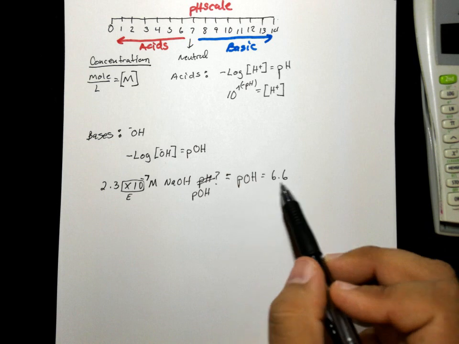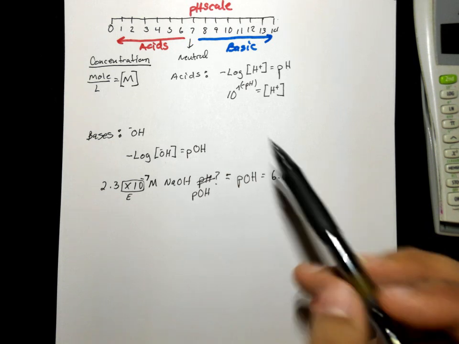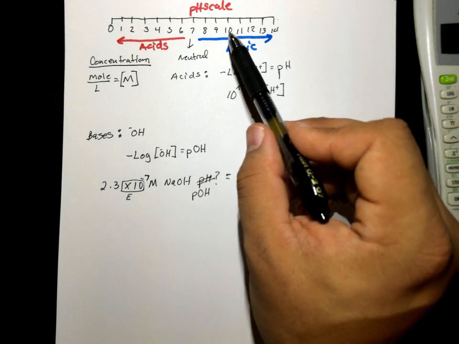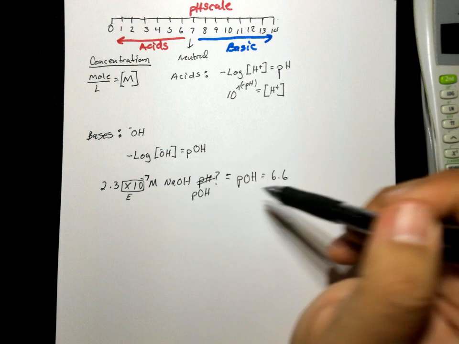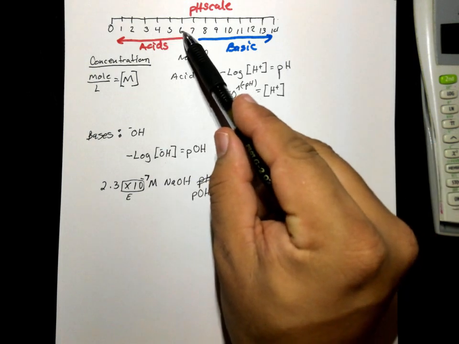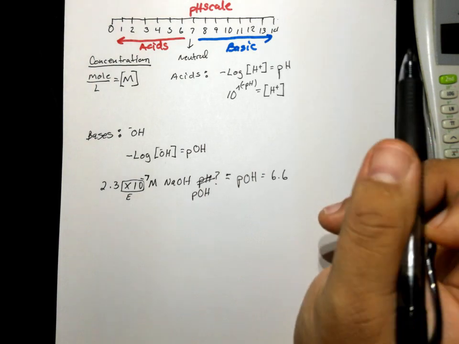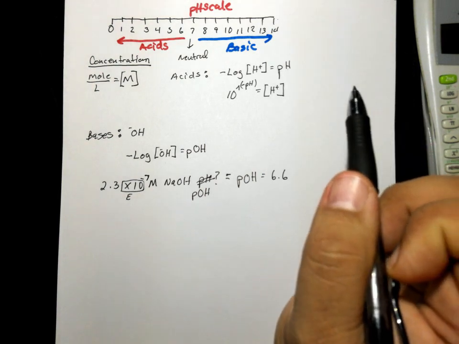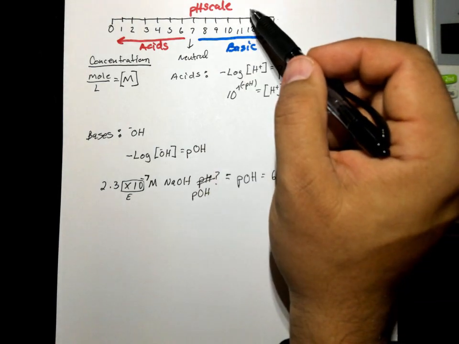So now I have a pOH of 6.6. What does 6.6 tell me on the pH scale? Look at it. What does it tell me? We know this is a base. 6.6, here's 6. That falls under what category? Oh no, it's falling under the acid category. No, it's not, because we cannot compare pOH to the pH scale.